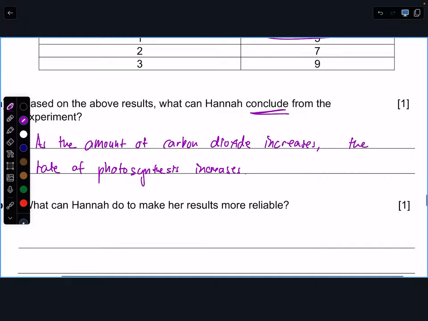What can Hannah do to make her results more reliable? I've taught you this many times. You need to say, repeat the experiment at least 3 times and take the average.